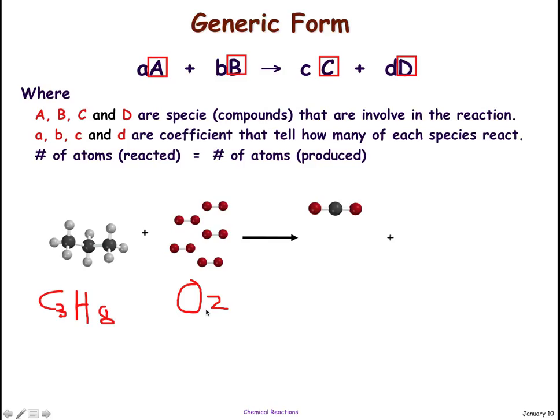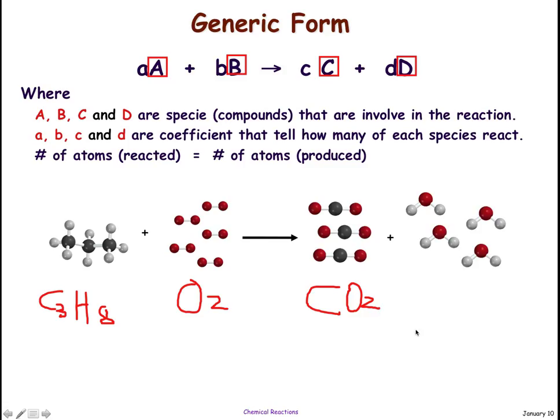And it's forming 3 carbon dioxide, and remember that the formula for carbon dioxide is CO2, and 4 waters. And remember that the chemical formula for water is H2O. So when you start a reaction, make sure you have the correct formula.